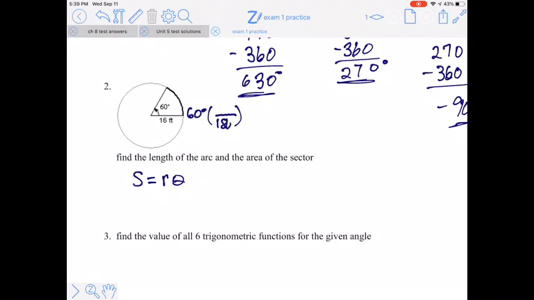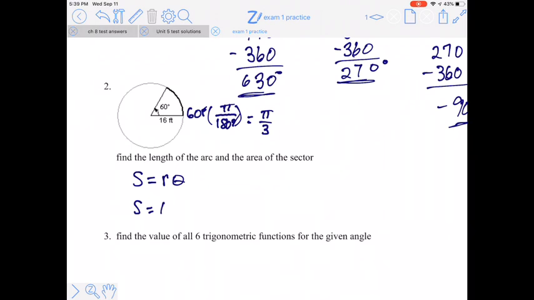So this time I'm going to put 180 degrees on the bottom because I'm trying to cancel degrees and go into radians. So pi over 180, the degree unit of measure cancels. 60 over 180 is 1 over 3, so this is pi over 3 radians. That's going to be our new theta or angle measure. So now we're golden with the arc length.